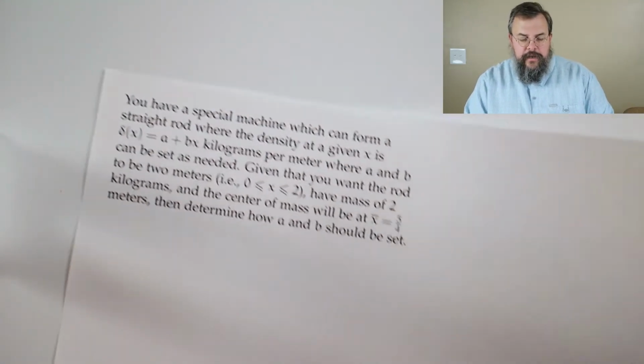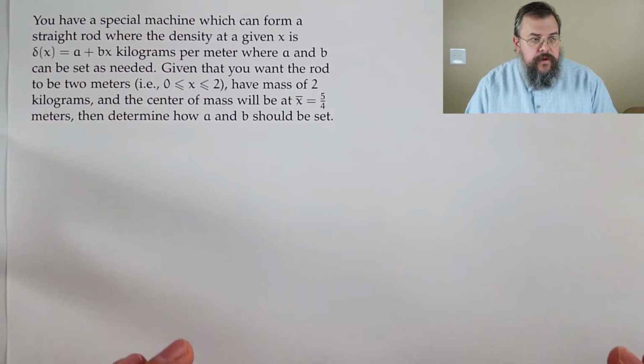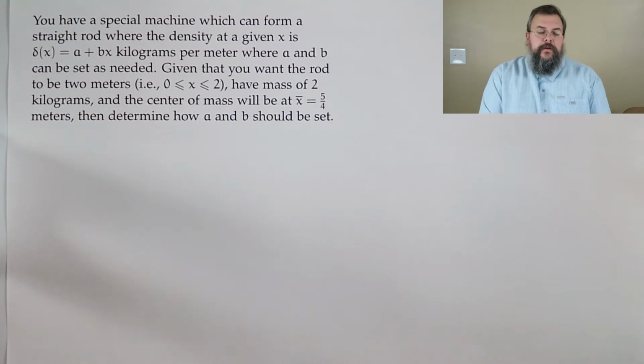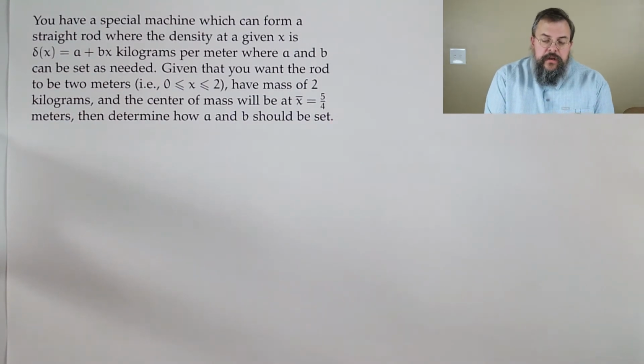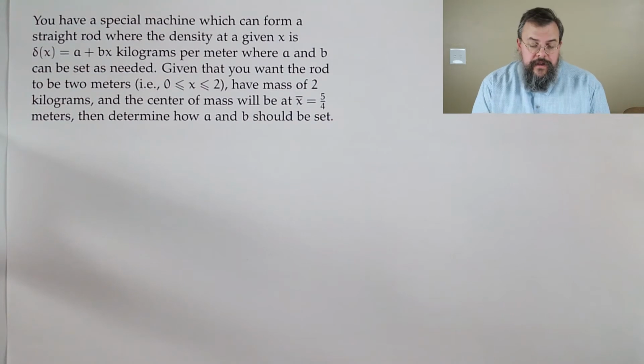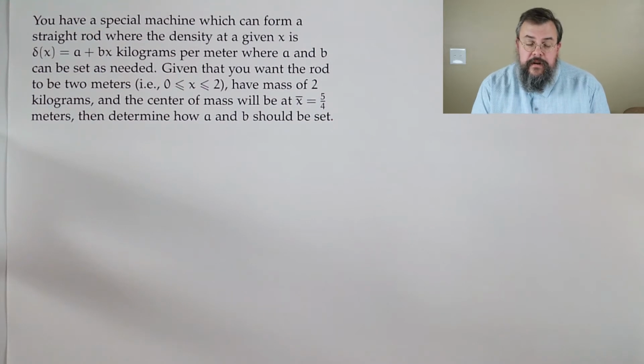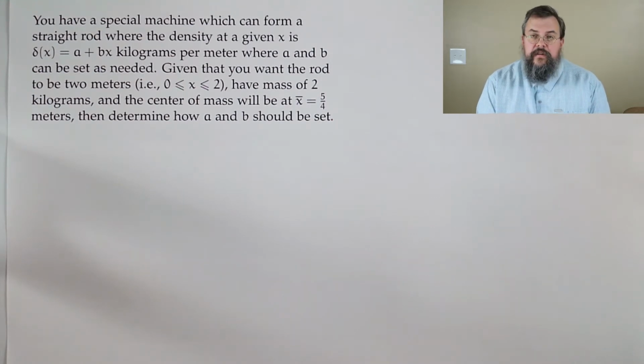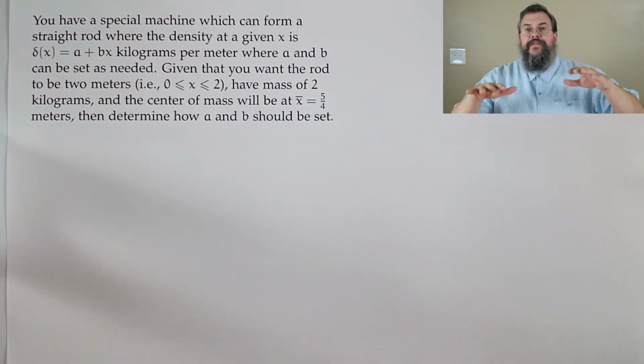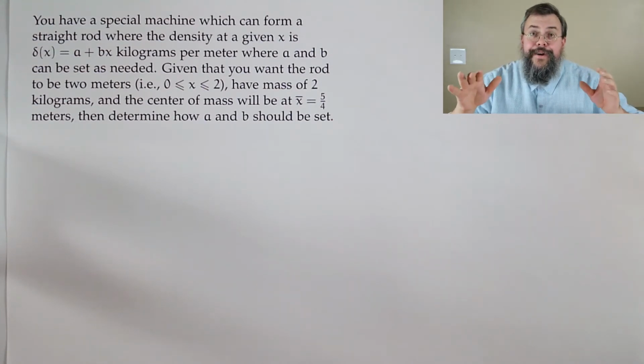All right. On to another problem. Here we go. You have a special machine which can form a straight rod where the density at a given x is A plus Bx kilograms per meter, where A and B can be set as needed. So, in other words, we can adjust our density to satisfy customer demand. Who knows?